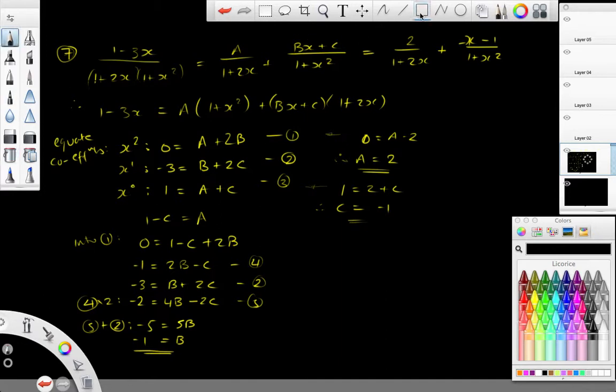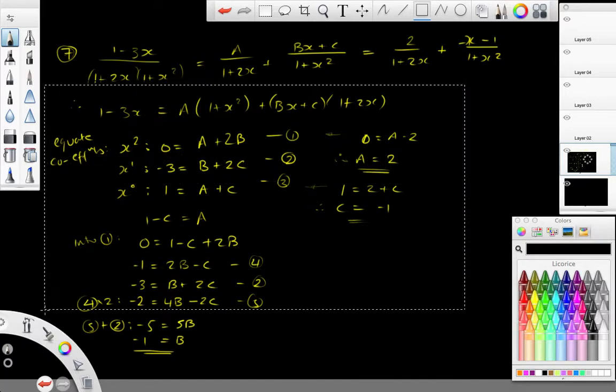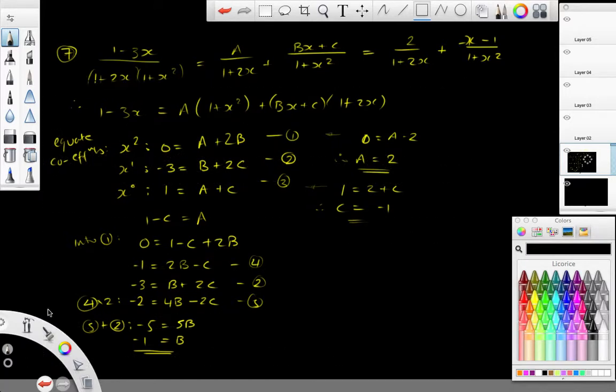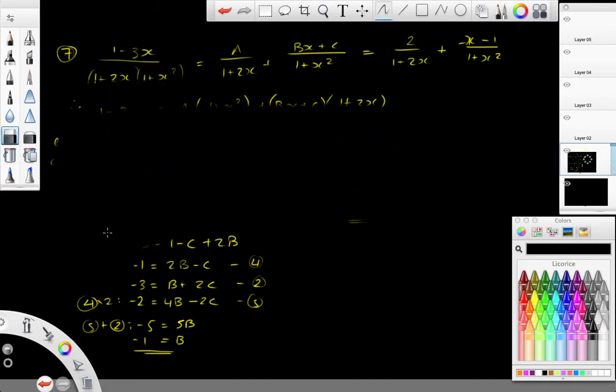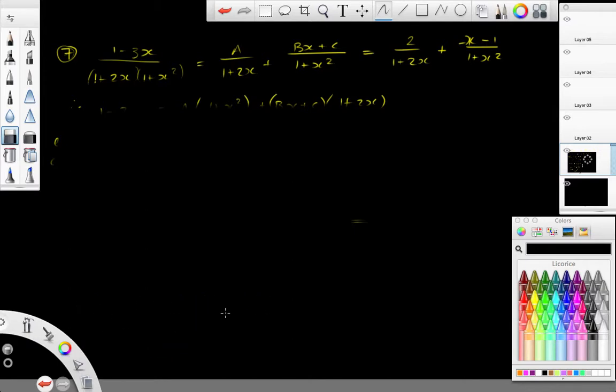Why is that not working? Let's just get that square. No, it's always going to go behind, isn't it? Forget that. Okay, I think I just need to replace it. Okay.